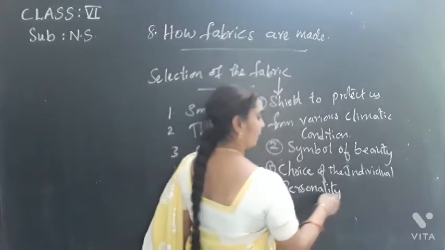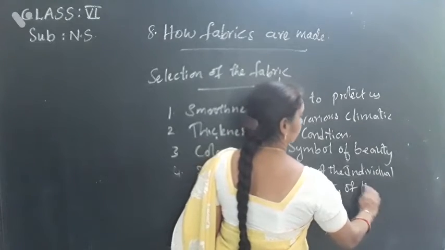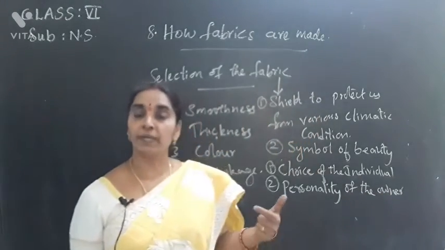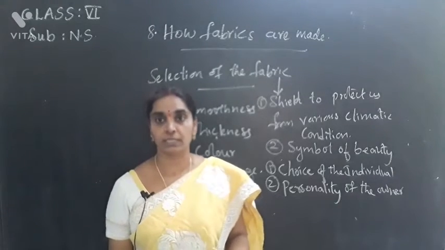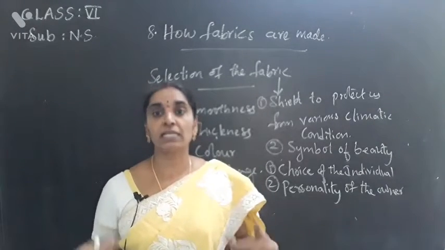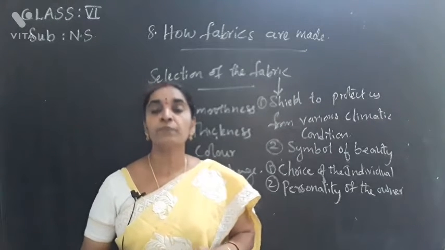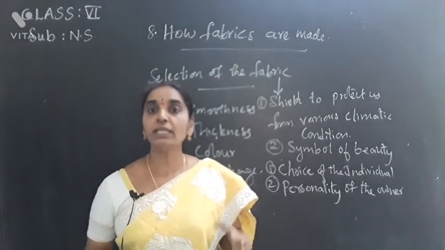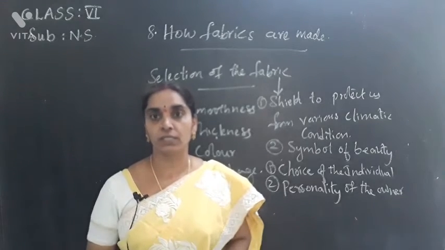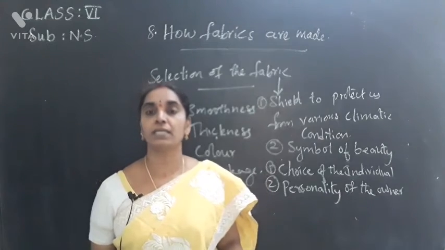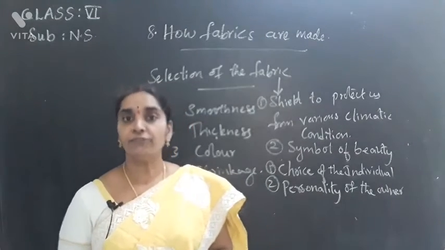Some will suit the personality and some don't. So depending upon our personality, we select the clothes, isn't it? Tight fitting clothes may not be suited to stout personalities, so they need clothes which are very loose. Like that, the color also varies. Depending upon our personality, we select the color of a fabric.